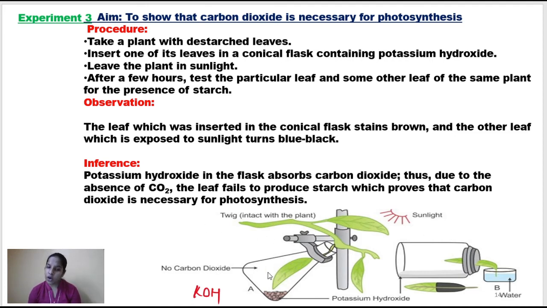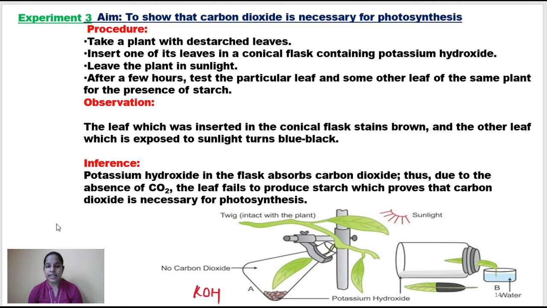Why so? Because the carbon dioxide which was there in the atmosphere and reached the stomata was all absorbed by the potassium hydroxide. So the role of potassium hydroxide here is to absorb the CO2, and the part of the leaf which was not inside the flask performed photosynthesis, and shows a characteristic change on addition of iodine.